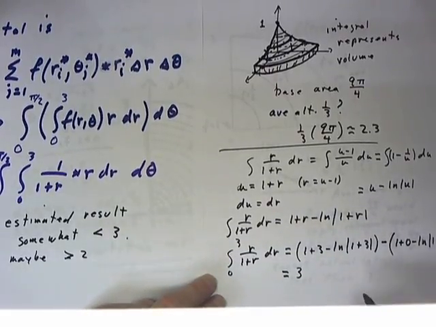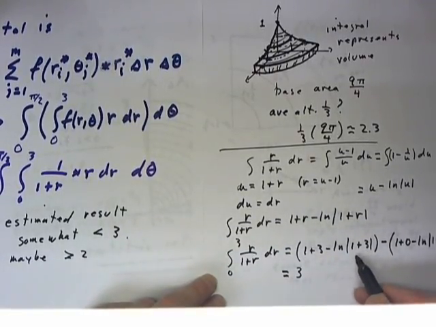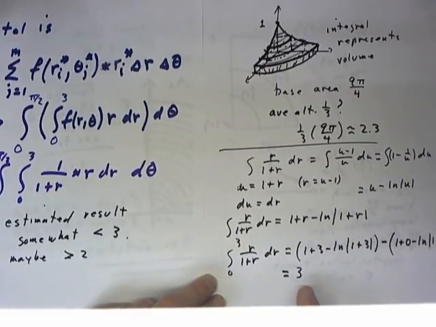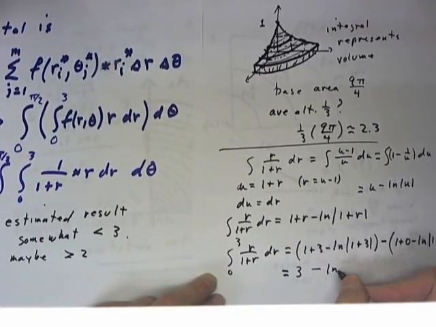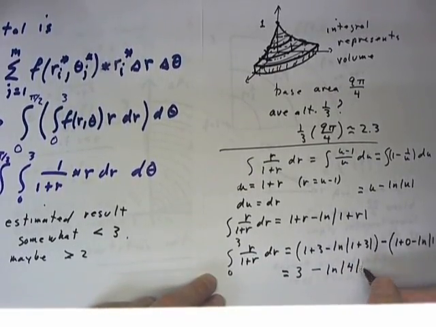Natural log of 1 plus 3 is natural log of 4. Natural log of 1 plus 0 is natural log of 1, which is 0. So what we get here is going to be 3 minus the natural log of the absolute value of 4.